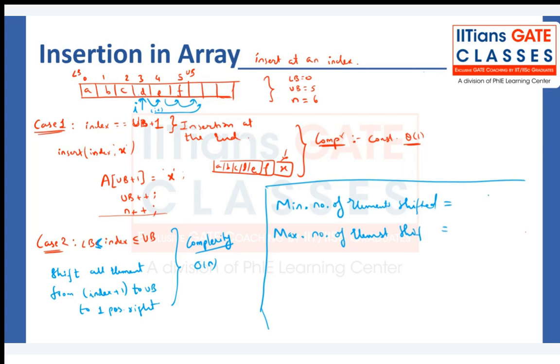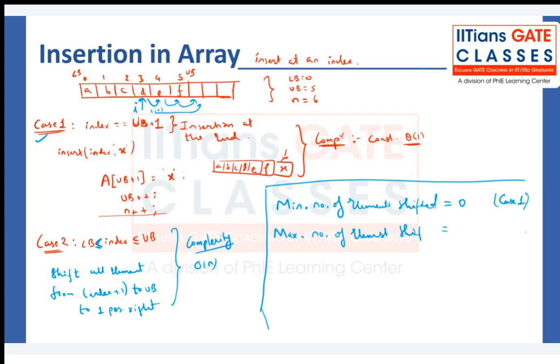I'm not asking for complexity right now. What I'm asking is the minimum number of elements that we need to shift. Suppose it's case one. In case one, how many elements did we shift? We shifted zero, right? We did not shift any element. We just inserted it at the end.